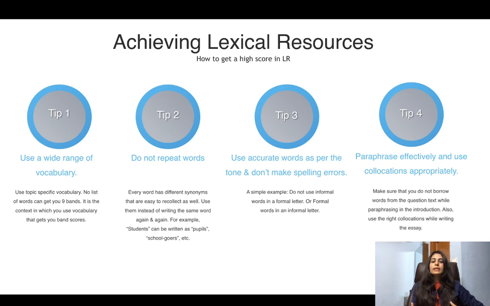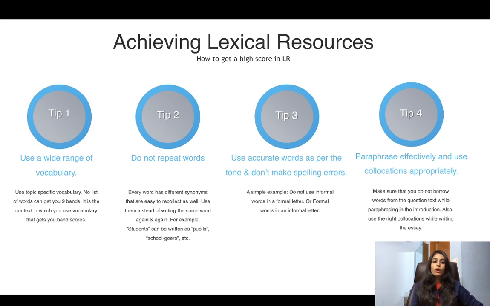So you rewrite the essay question after understanding it in your own words without tampering the meaning of the question. So make sure you do not borrow words from the question text. You have to change the words by using synonyms. You can also do it by changing the voice or changing the word order. And also use the right collocations while writing the essay.